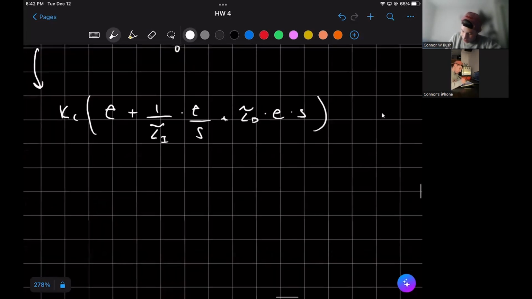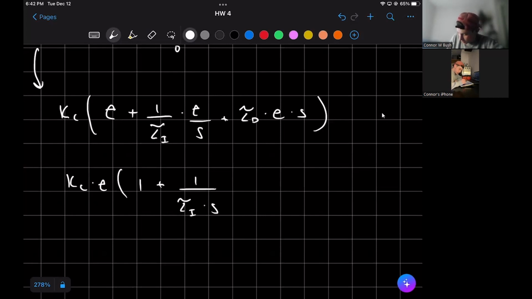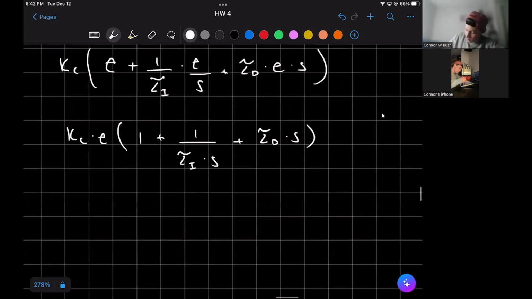And then if we pull out E, we're left with 1 plus 1 over tau I times s plus tau d times s. And then if we want to get a common denominator, we keep moving forward. We multiply by tau I times s divided by tau I times s. So what that looks like is this.